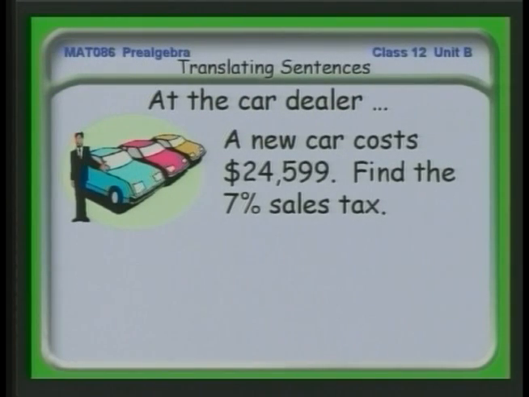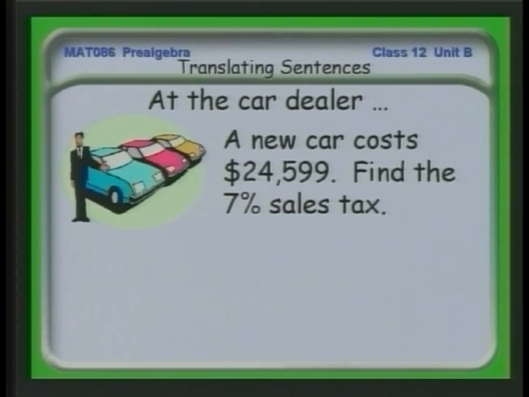Now let's go to another situation where we use percents and try to find the part. And this is always the sad case. You've struck a great deal on a new car, you think you've gotten a very good price, and then they add in the sales tax. And typically in Tucson, they add in around a 7% sales tax.